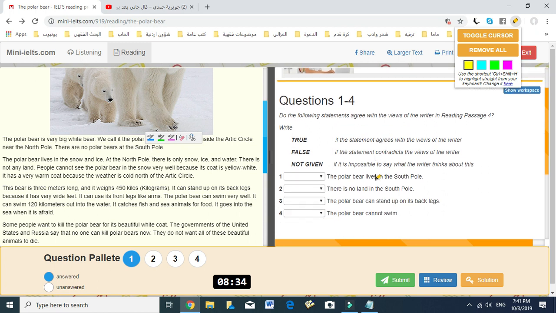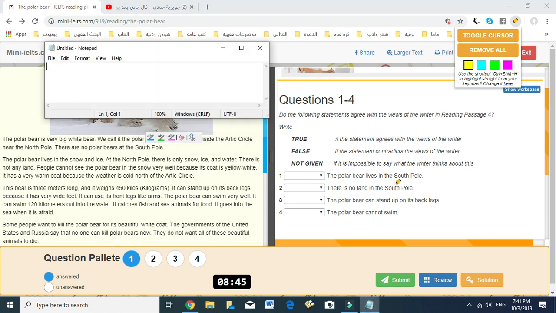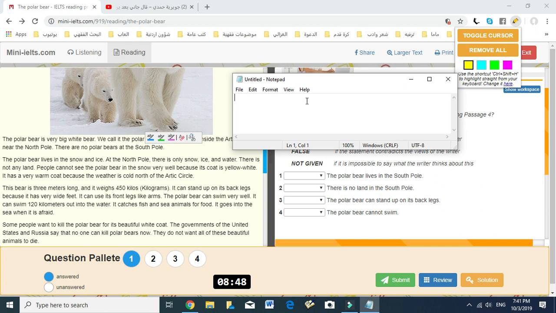How would the answer be not given for this question? If he didn't tell, if he said just like this, there are polar bears that live in the North Pole.